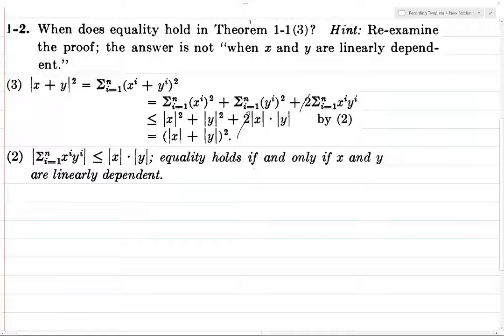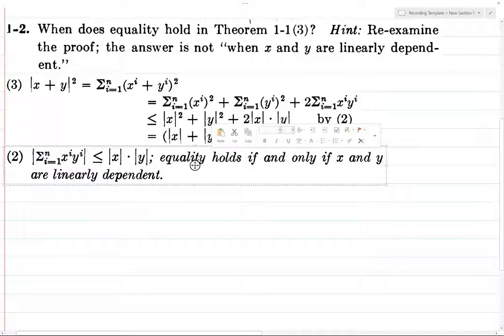But that's just wrong, because you've got these absolute value signs here. What you need to know is when this thing without the absolute value is equal to norm of x dot norm of y. Knowing this here is not enough.